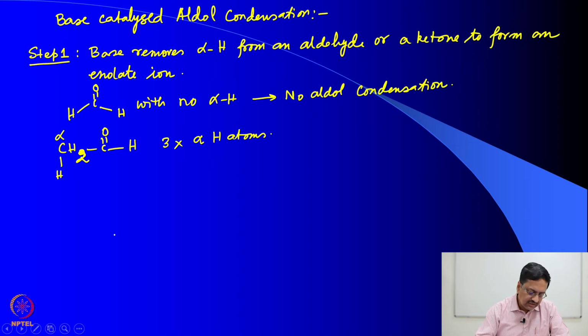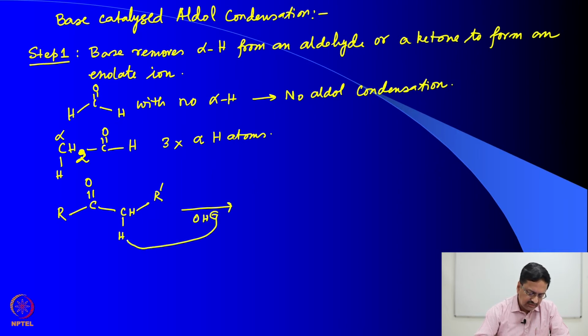So, a general reaction can be written like this: R CO CH2R prime, and we are treating this with OH minus, which attacks this alpha hydrogen and extracts it, and the bond of this hydrogen breaks and a carbanion is formed.